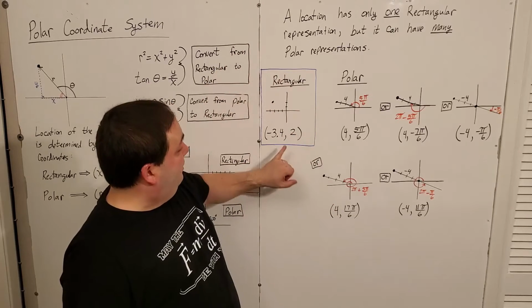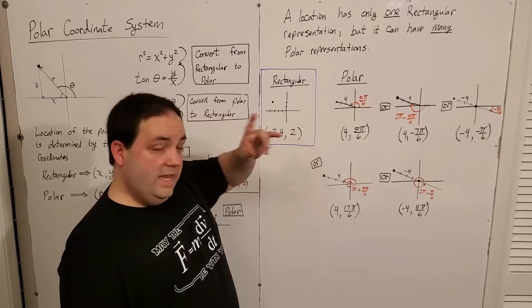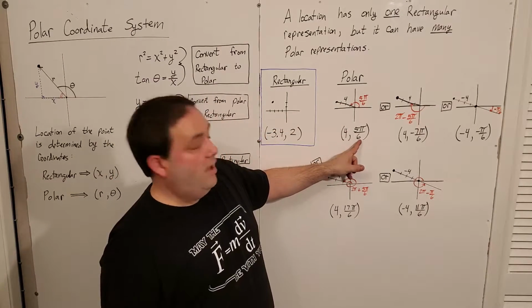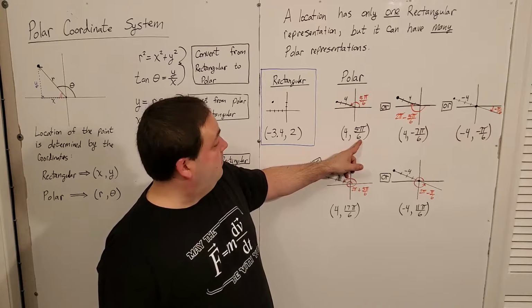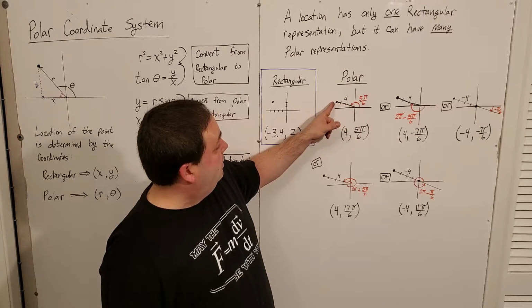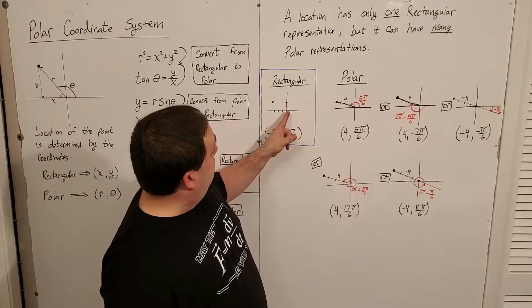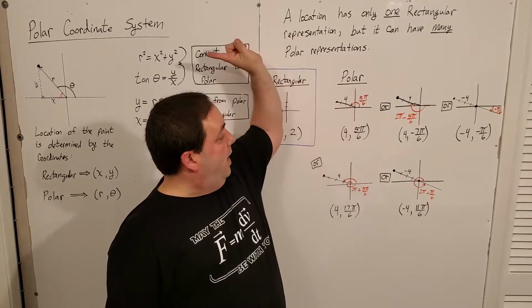So, for example, this same point, negative 3.4 and 2, is the same point in polar coordinates 4, 5 pi over 6, right? That's 150 degrees, right? Look, there it is. There's that location, same location. But instead of going left and up, I'm rotating and then moving outward.